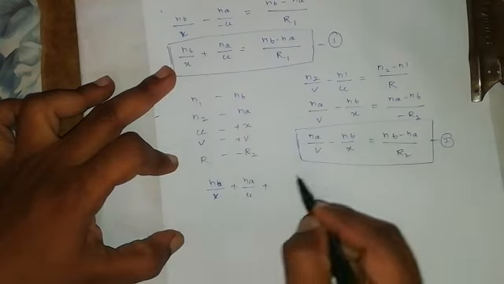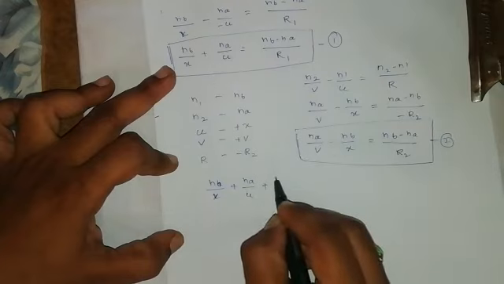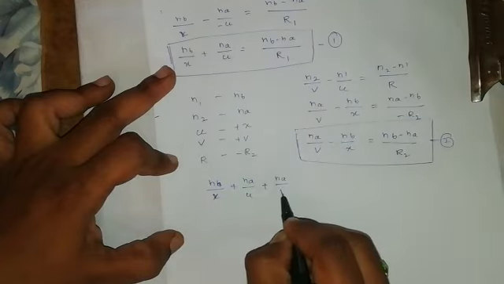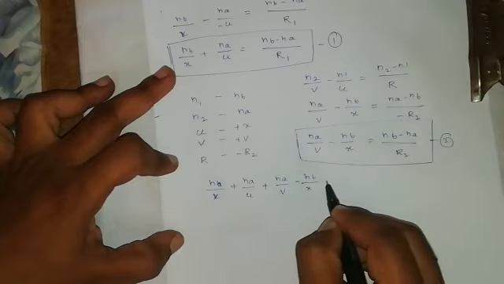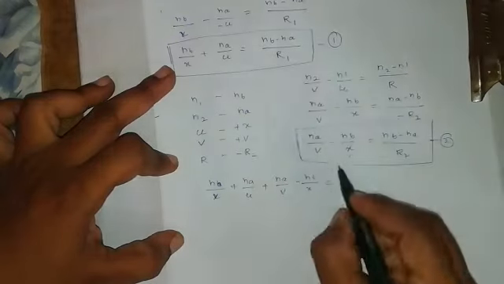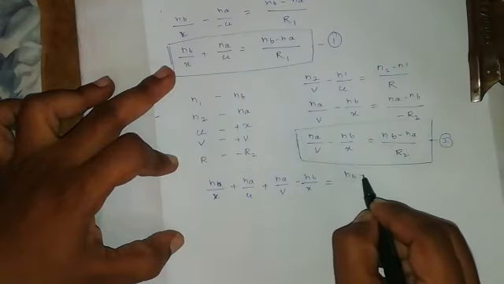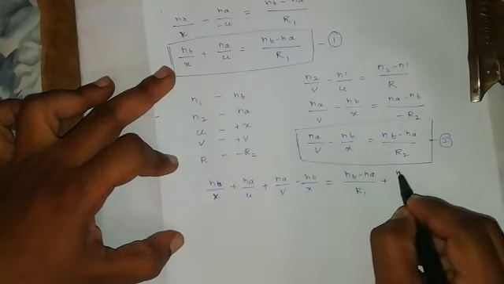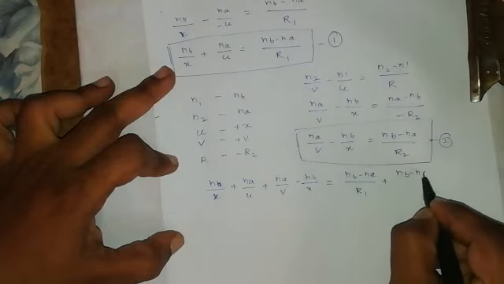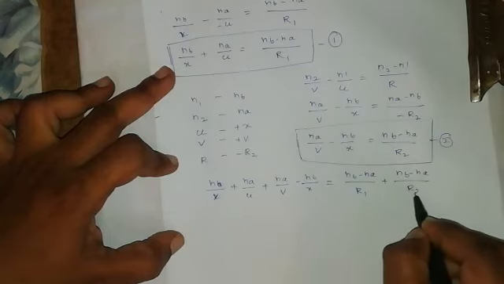Adding the second equation: na by v minus nb by x is equal to nb minus na by r1 plus nb minus na by r2.